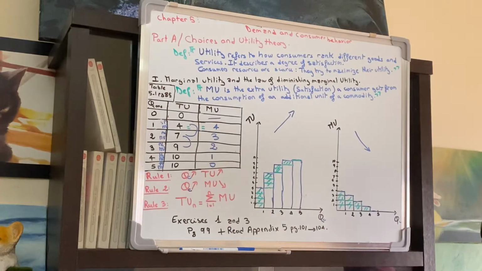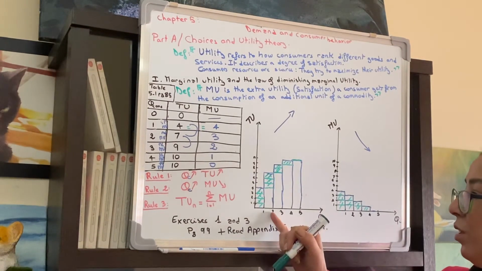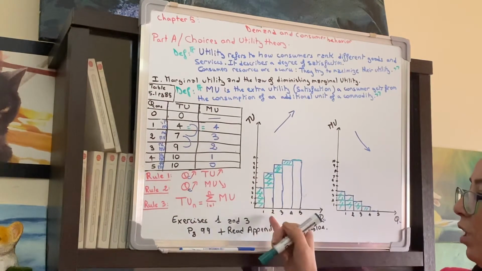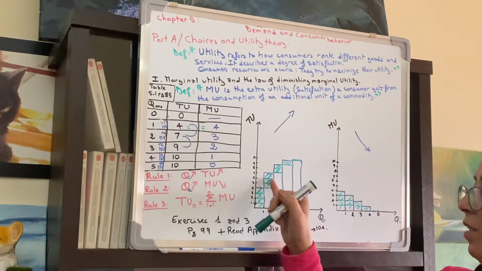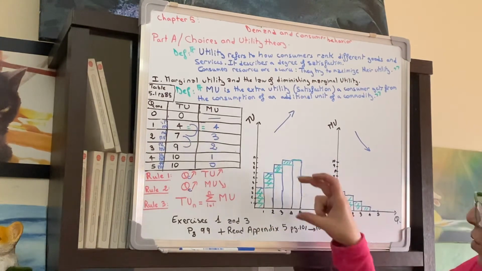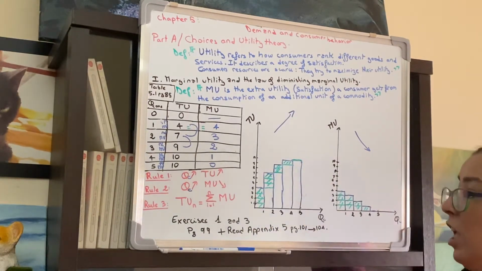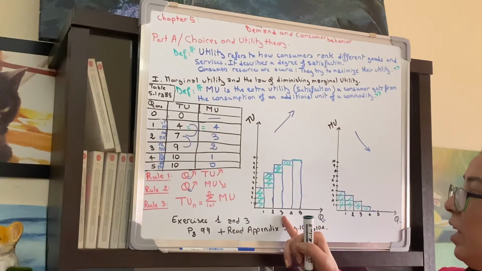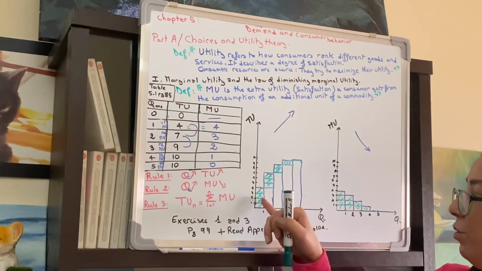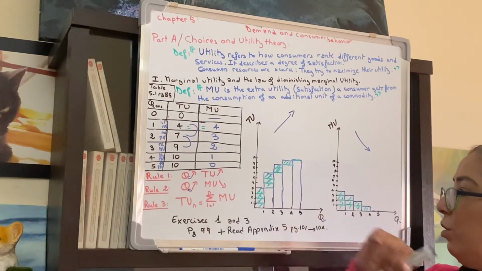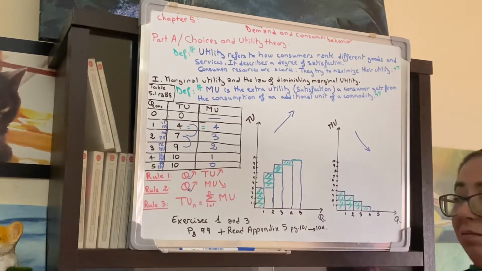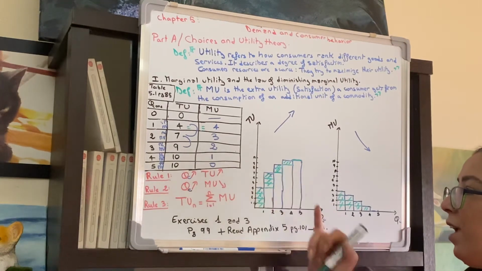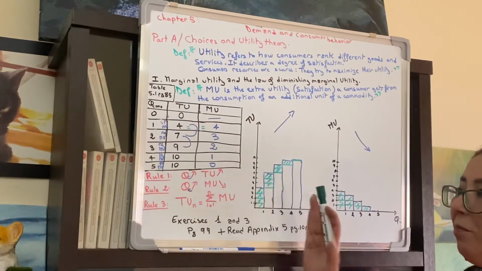So, now what do you notice? At 2, the total utility for 2 is equal to the marginal utility of 1 plus the marginal utility of 2. You see, it makes the whole thing. The total utility of 3 is equal to the marginal utility of 1 plus the marginal utility of 2 plus the marginal utility of 3. Yeah, it makes the whole thing if you push it this way.